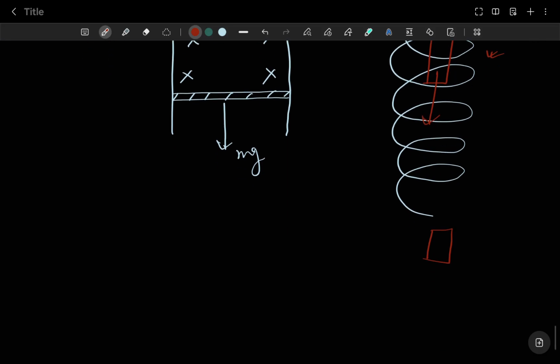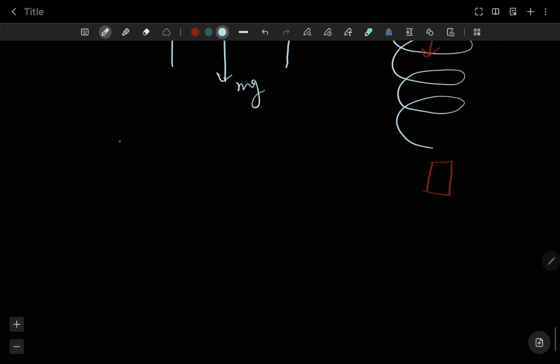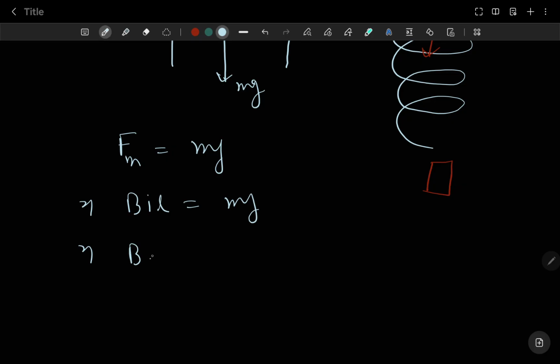Now what is this terminal velocity? We'll just have Fm here in the opposite direction. So you know already Fm becomes mg when terminal velocity is attained. So Fm is BIL equals mg. So I is epsilon by resistance R, say L, equals mg.